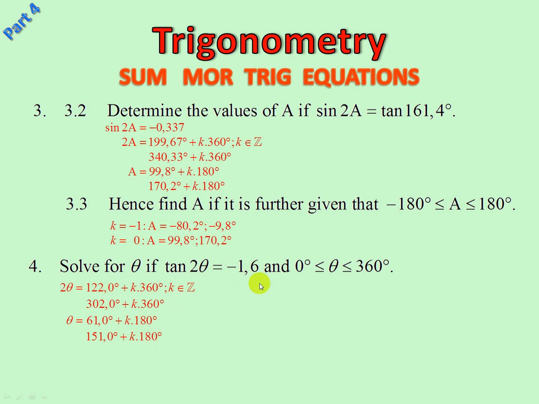There are going to be two answers from 0 to 360. I can't go negative 1 for K because that'll take me negative. I can't have negative angles, same here. So 0 for K is the first answer. There we are, two answers. Then K equals 1, I'll get answers. There they are there. That's it. Four answers.